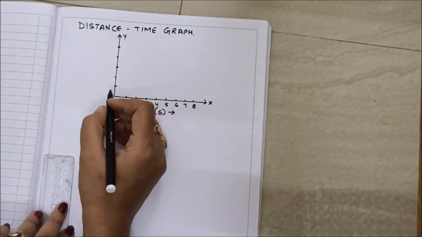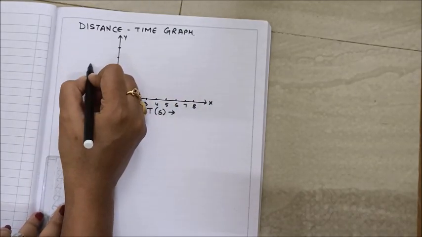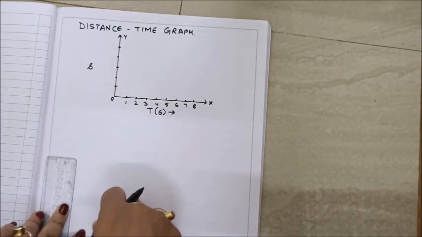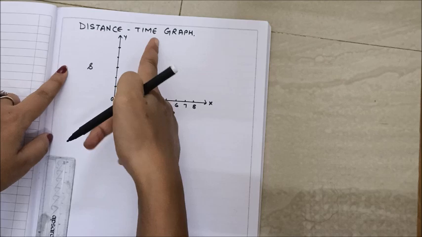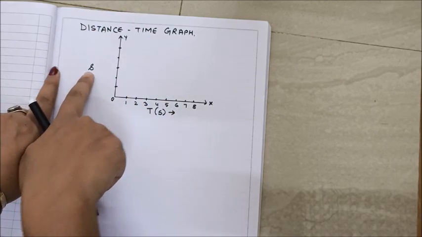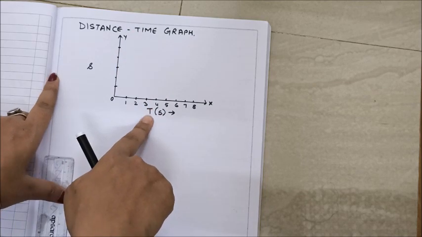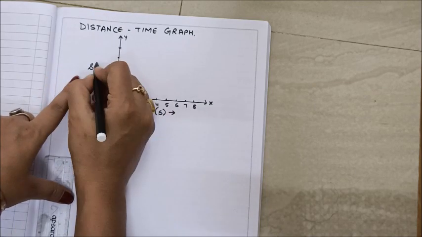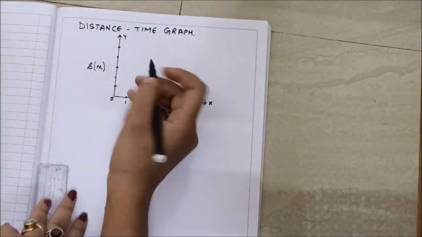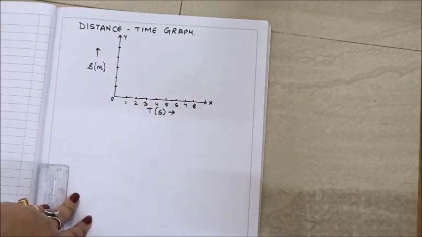Similarly, for the distance we denote the distance with letter S. We call it distance time graph, but when we denote the distance, it is denoted by small letter s. Similarly, time is denoted by capital letter T. Now, the SI unit of distance is meters, denoted by small m and an arrow.